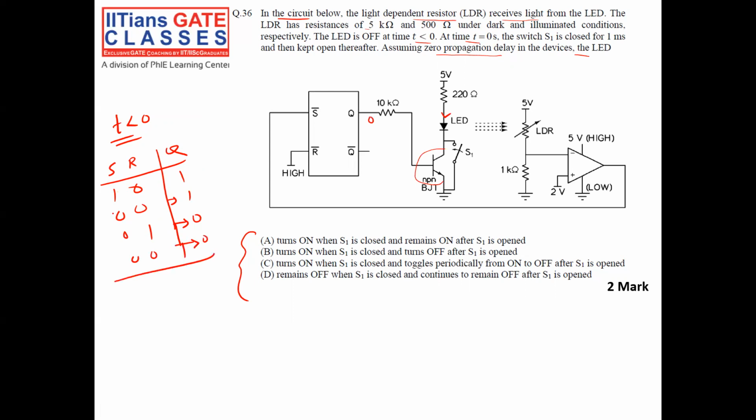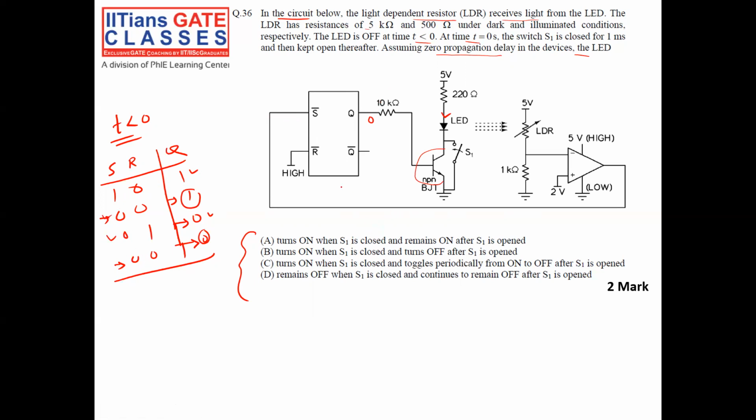So 0, 0 is my memory state: whatever the earlier state, 1 or 0, the same state is maintained. Since my Q is 0, my S will be either this condition or this condition.